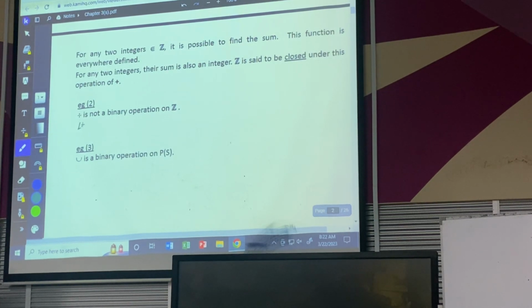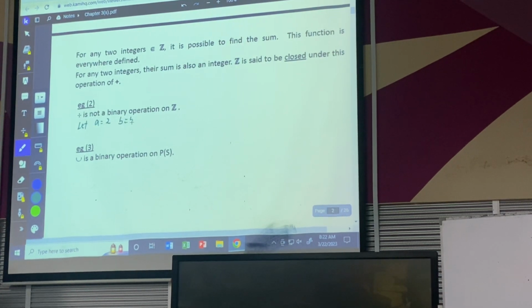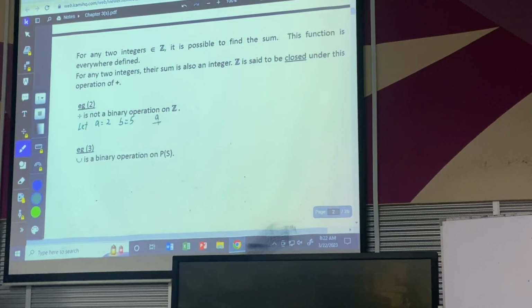So we can just take any integer. A equal to 2, B equal to 5. So when we take the operator divide, we will have A divides B, which is 2 over 5. Then this one will not belong to integer.